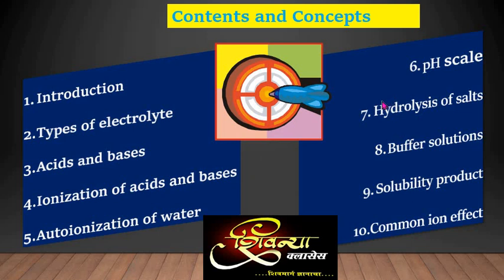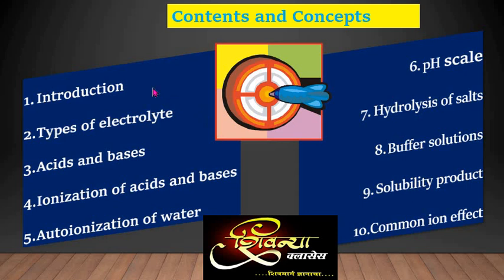Content or points in this topic are: first is introduction, second is types of electrolytes, third acids and bases, fourth ionization of acids and bases, fifth autoionization of water, sixth pH scale, seventh hydrolysis of salt, eighth buffer solution, ninth solubility product, and tenth common ion effect.